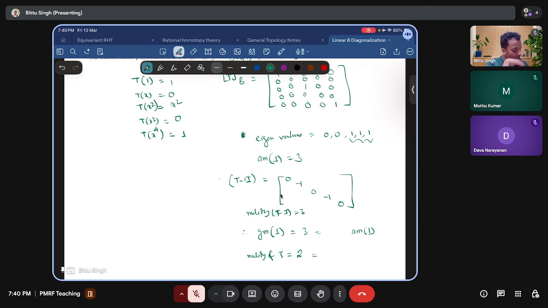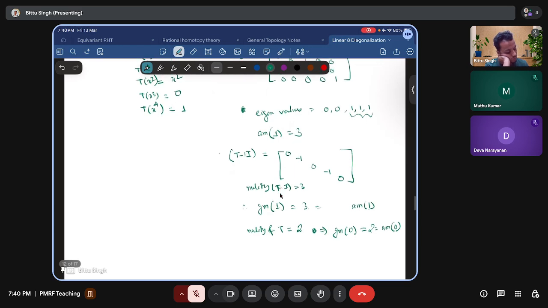So again the nullity is the same, so from here the geometric multiplicity of 0, T minus 0I, so you can write T as T minus 0I. So the geometric multiplicity of 0 is actually 2, which is the same as the algebraic multiplicity of 0. So the geometric multiplicity and algebraic multiplicity are the same, therefore T is diagonalizable.